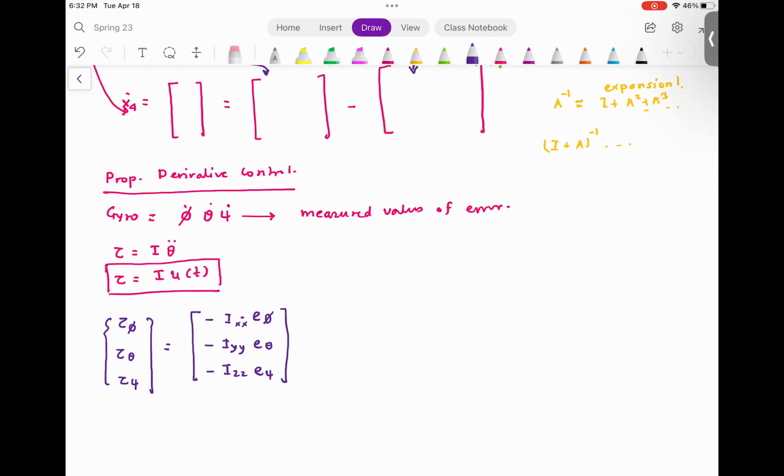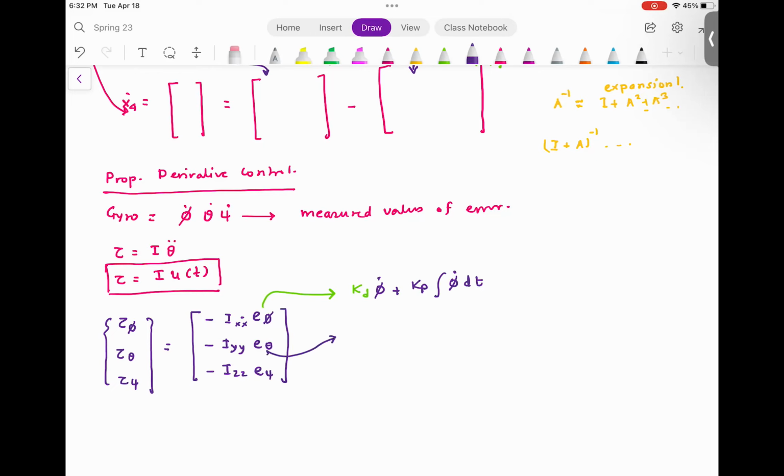Now what is this error? This error term I would define as Kd phi dot plus Kp integral of phi dot dt.